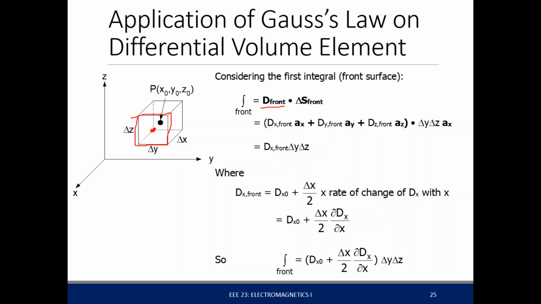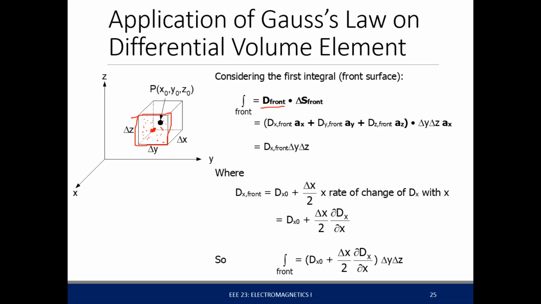In this case, it's assumed that the flux at each point on this area is constant. Why is that? Since this is a very small volume, we can approximate that there is no change in flux in the front.